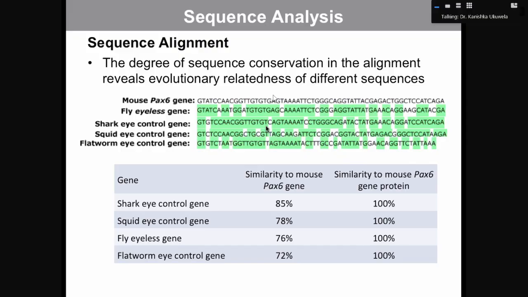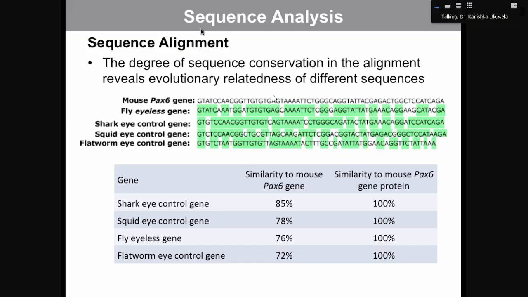So what can we say about these gene sequences in the shark eye control gene, squid eye control gene, fly eyeless gene, and flatworm eye control gene in comparison to the PAX6 gene? Most of the changes are most likely occurring in the third nucleotide position. That is why the amino acid sequence is identical, because changes that happen in these different genes in the shark, squid, fly, and flatworm do not go to the protein sequence.